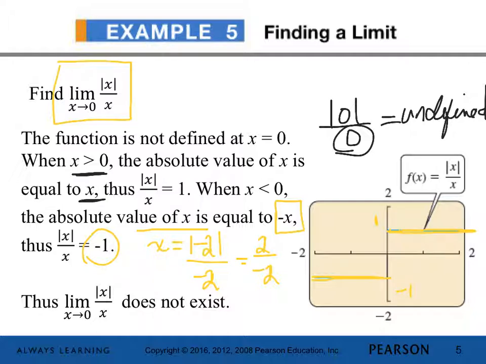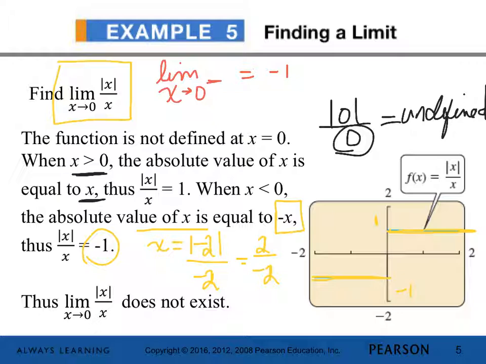But that just tells us that the limit as x approaches 0 from the negative side of that function is equal to negative 1.